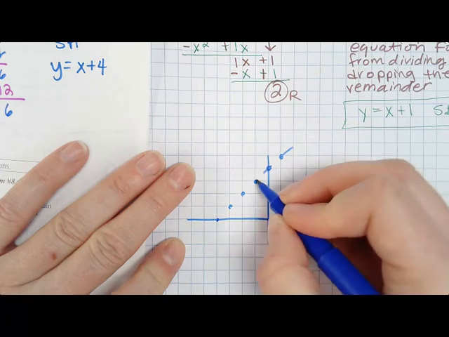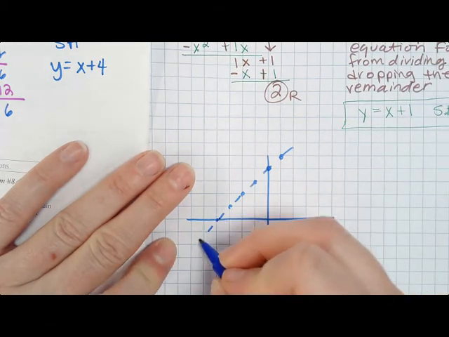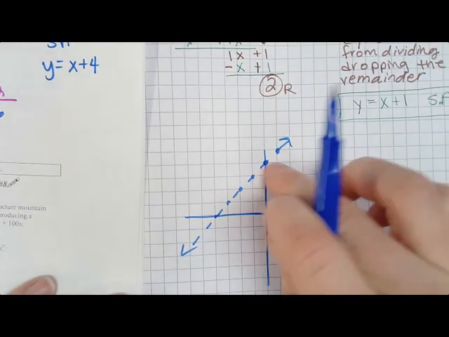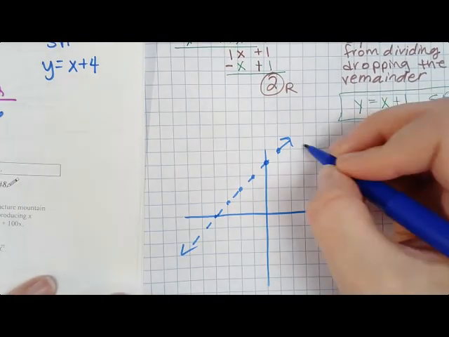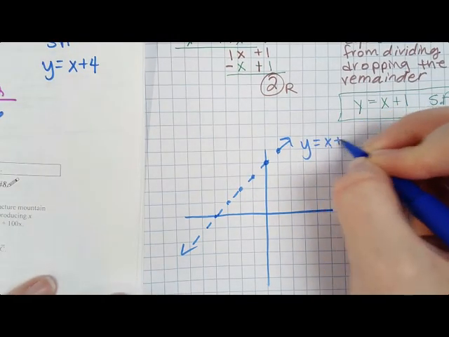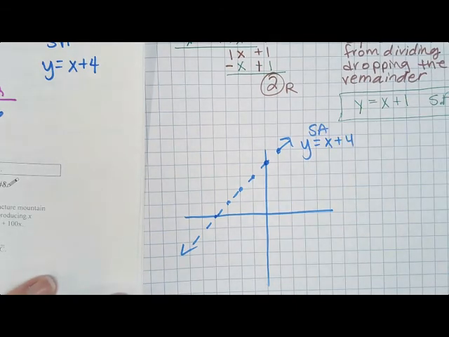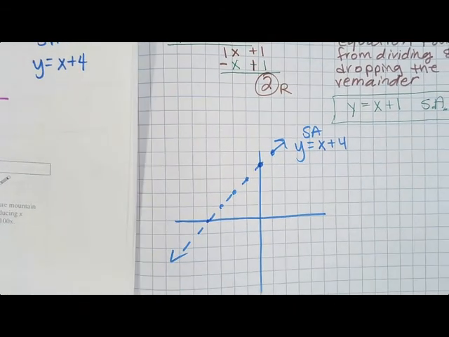So your asymptote is like this. Your function will not cross this or touch this. So this is your y equals x plus 4 slant asymptote. It could be a negative slope if it needs to be.